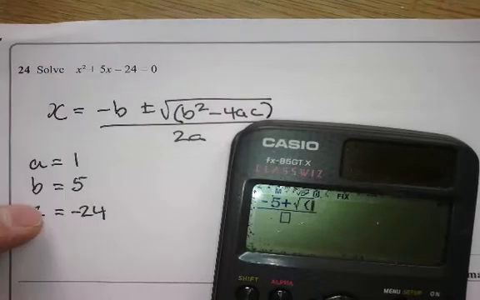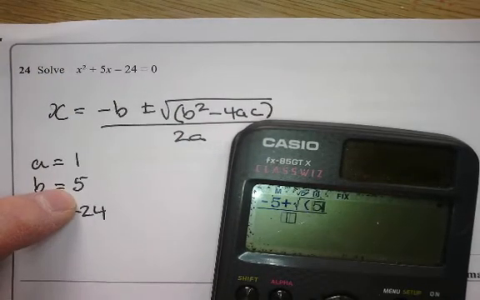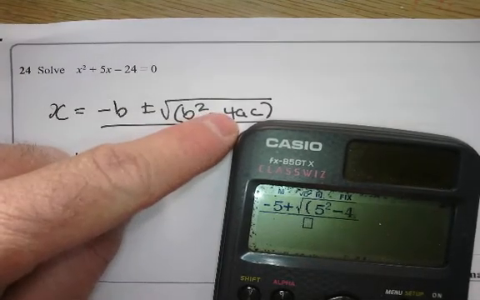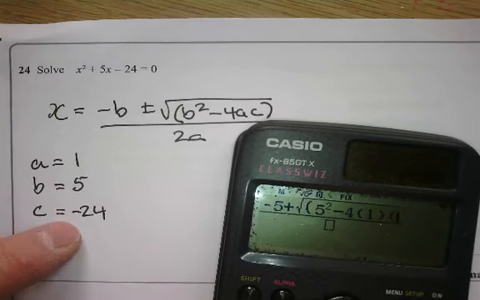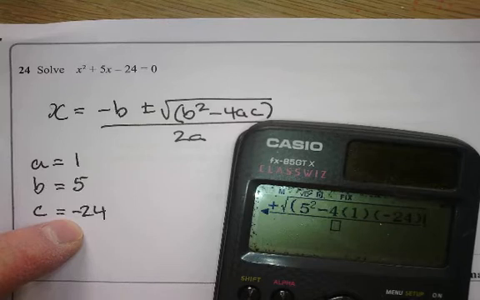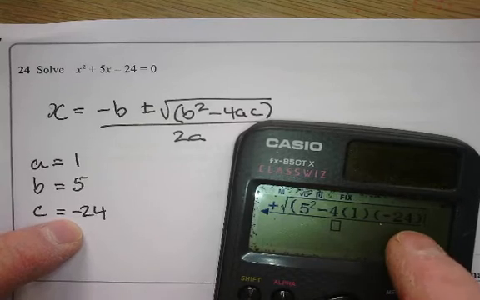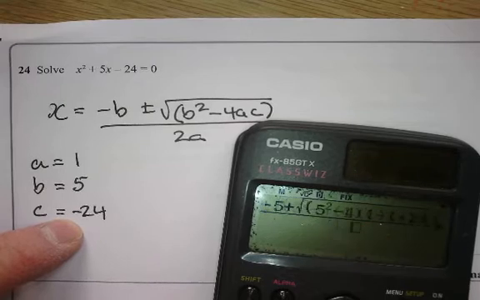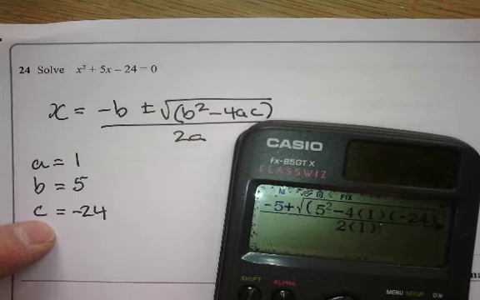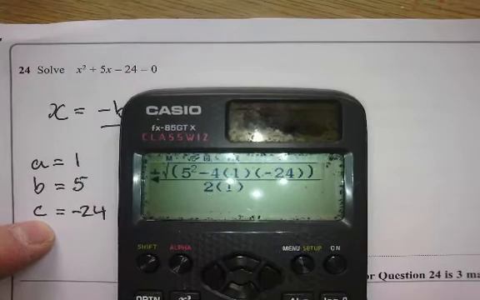B squared, so 5 squared, minus 4, then brackets: open bracket, A is 1, close bracket, open bracket. I can just hear some of my students going, oh, I'm never going to do this, but by practice, you can. So I put in the C value in brackets, -24, and don't forget I had a big bracket there, so I close it like that. Then underneath that, write 2, open bracket, 1, which is the A value. Make sure the big square root covers the right part.